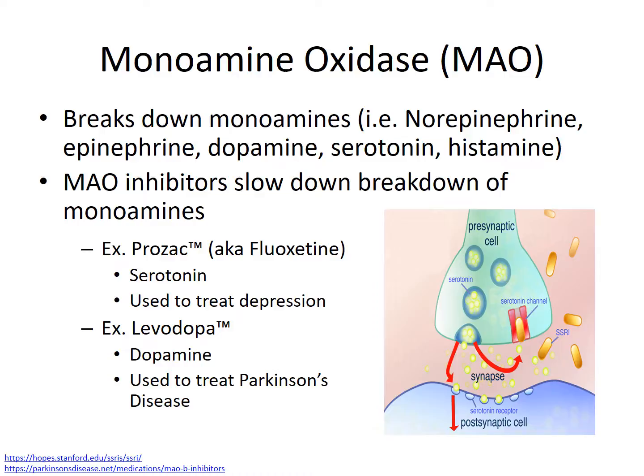They can be broken down and then reabsorbed, which is what the monoamine oxidase does, or the neurotransmitter can just diffuse out of the synaptic cleft. What monoamine oxidase inhibitors are going to do then is slow down the breakdown of the neurotransmitter, thus keeping more neurotransmitter around in the synaptic cleft a little longer.